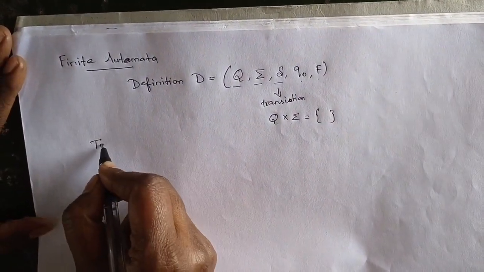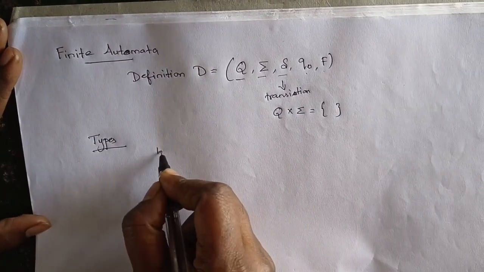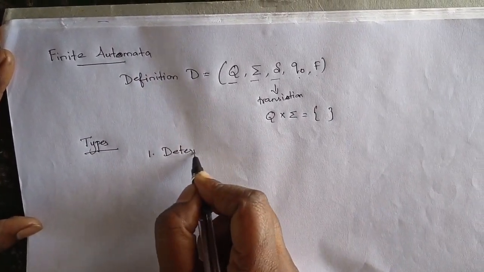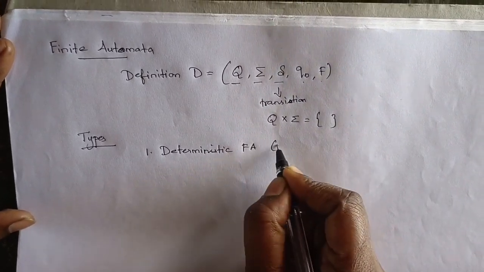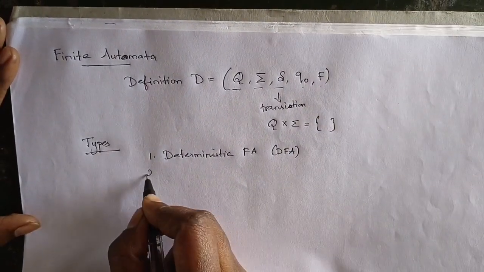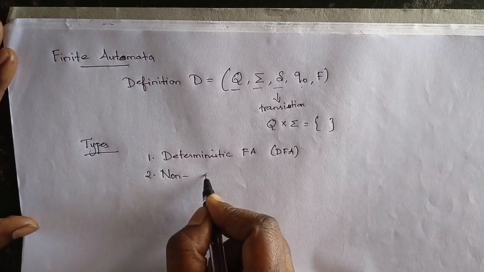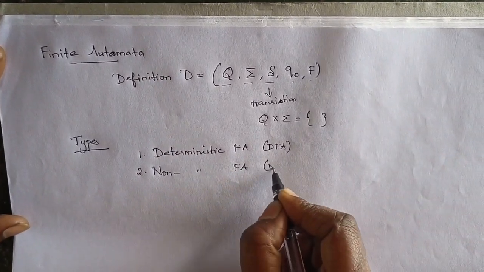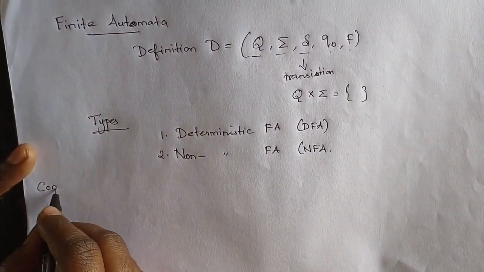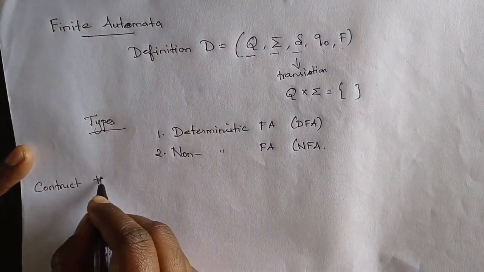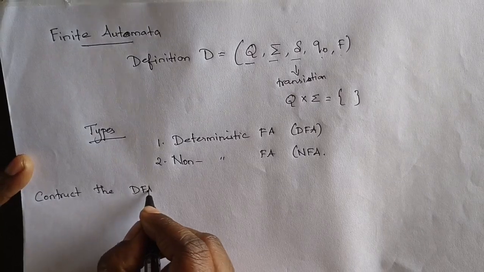There are two types of finite automata. One is deterministic finite automata, that is DFA. Another one is non-deterministic finite automata, that is NFA. Here we are going to see how to construct the deterministic finite automata.